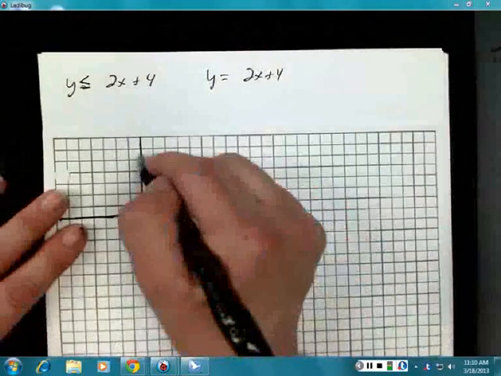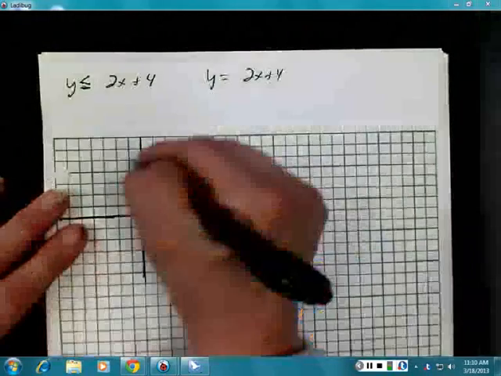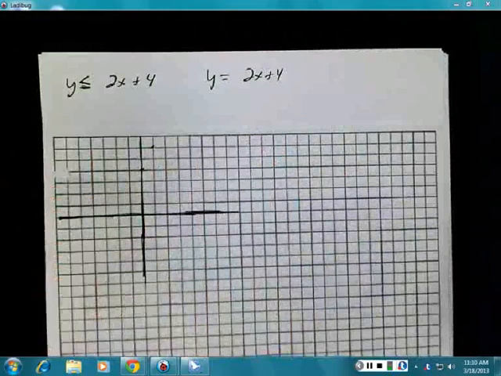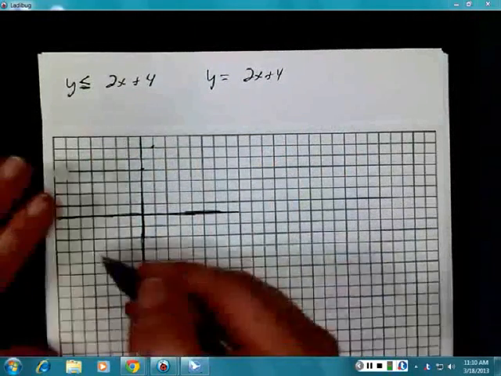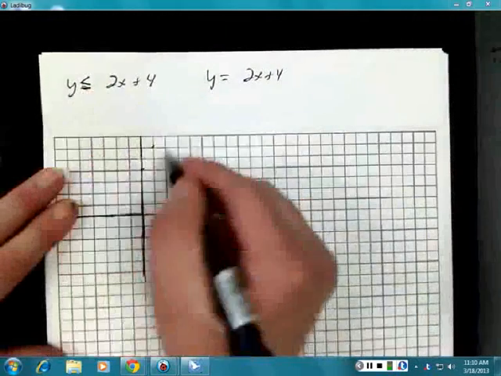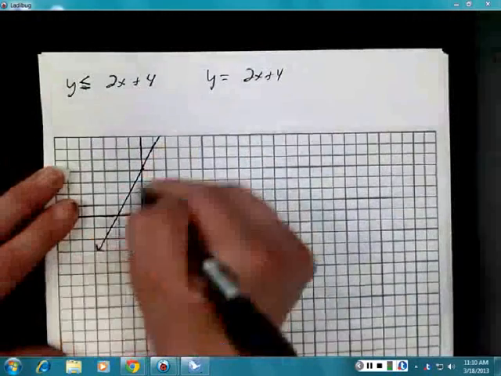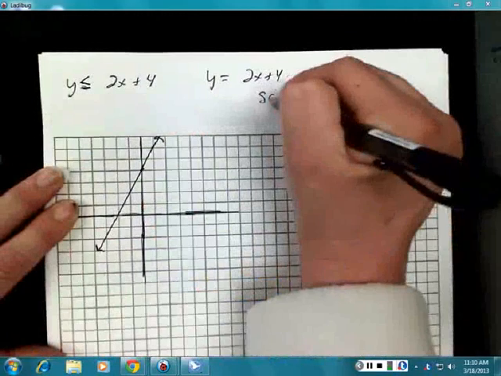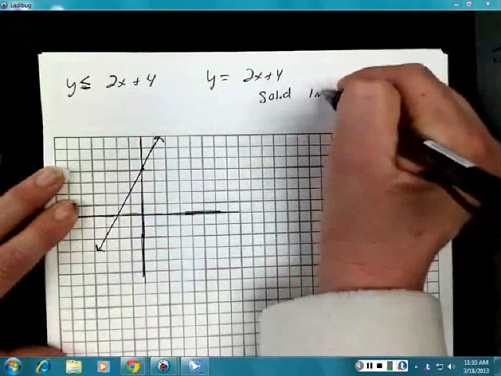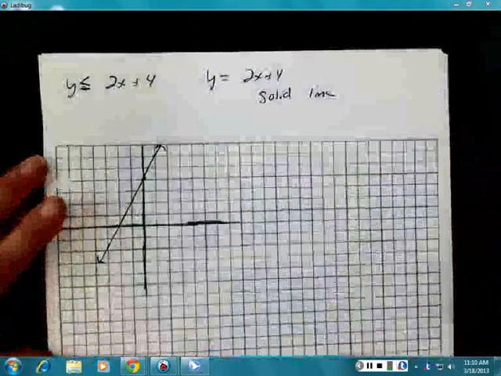Up 4, 1, 2, 3, 4, and up 2 and over 1, okay? And so then what would I end up doing? Because there's an equals, I will put a solid line through this thing. So it's going to be a solid line.